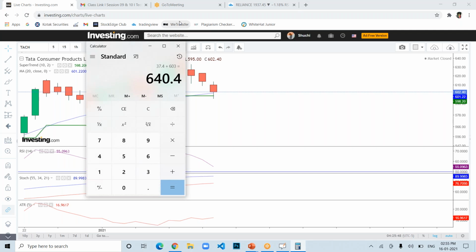I am showing you on Investing because in TradingView you cannot plot more than 3 indicators. You can definitely use Spider. If you have Iris Plus, you can put a screener also. You can put all the criteria.